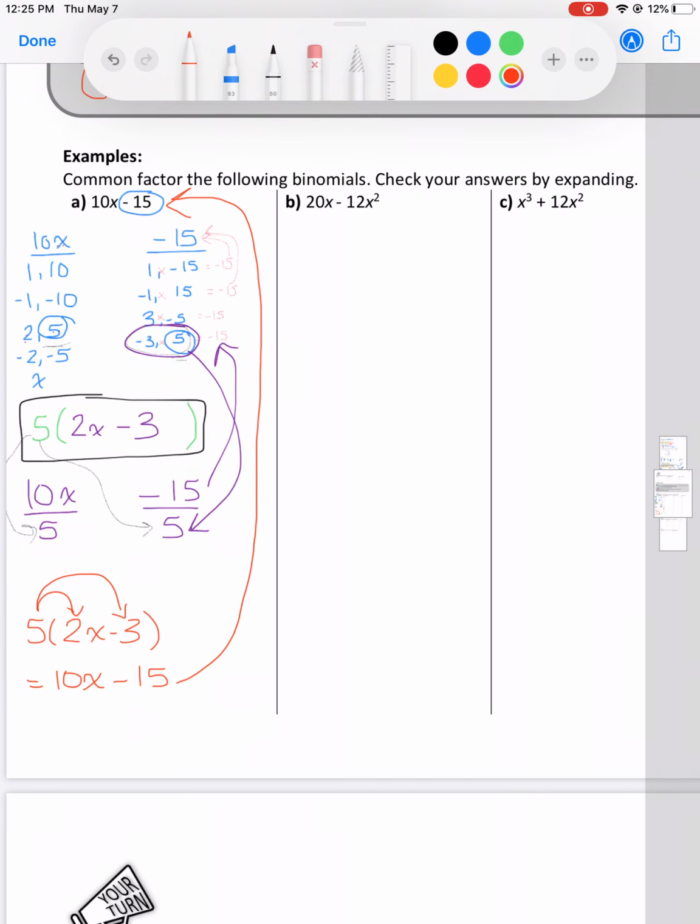It's our original question. That's the one thing that is really great with this stuff, is that you can actually check your answer, which people do forget, but you can check your answer.